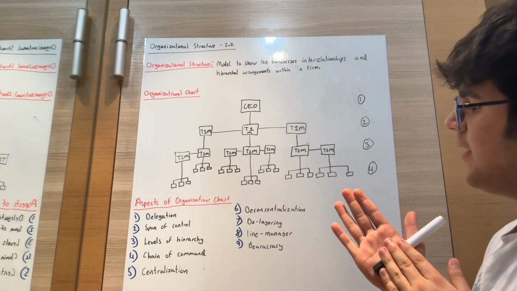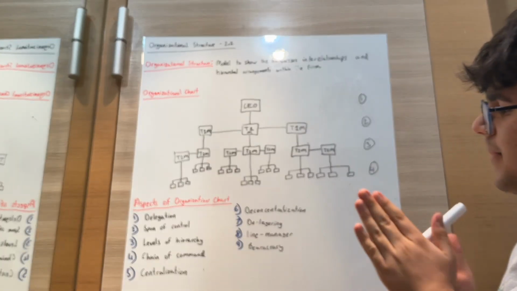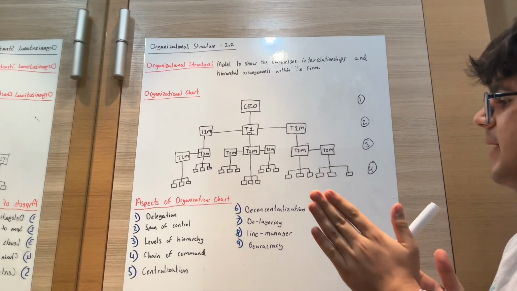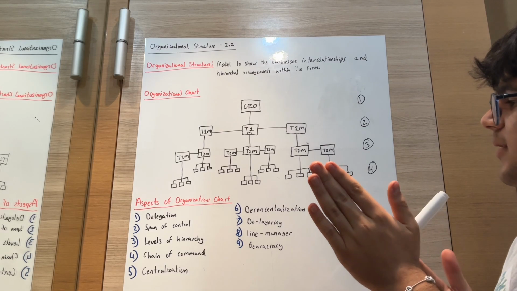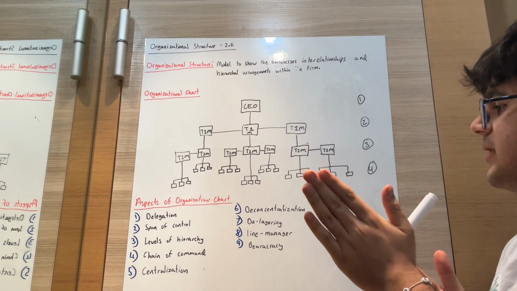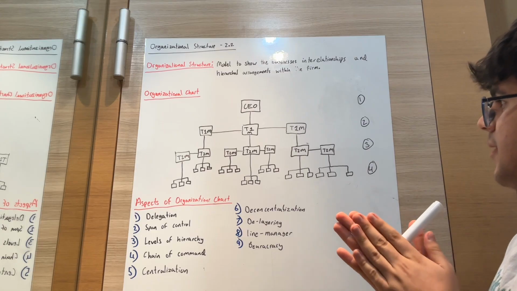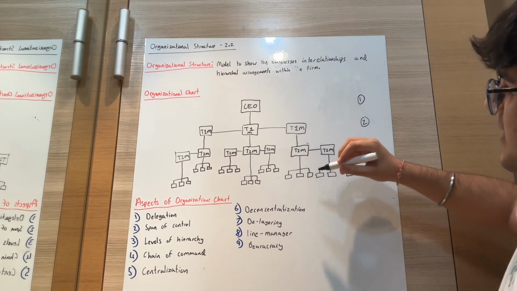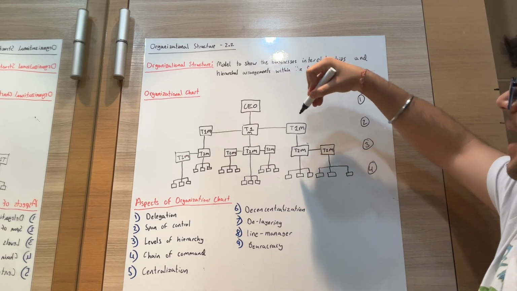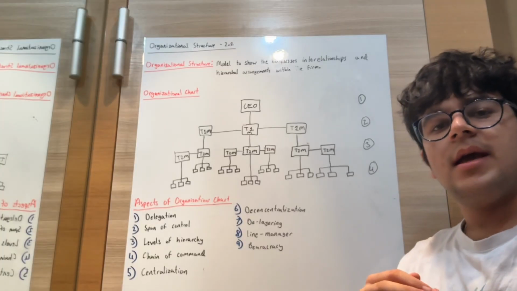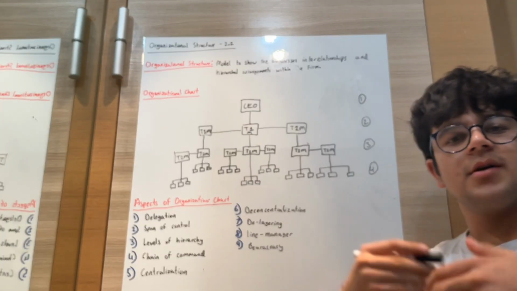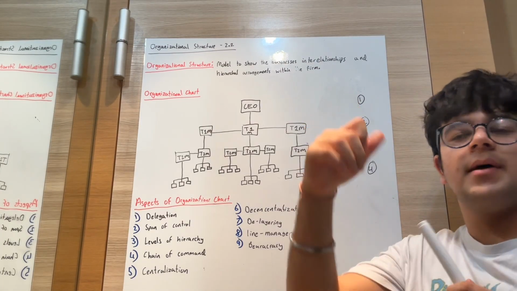Now, chain of command. Alright, so chain of command is basically the path you have to go through in order to communicate messages to upper managers.